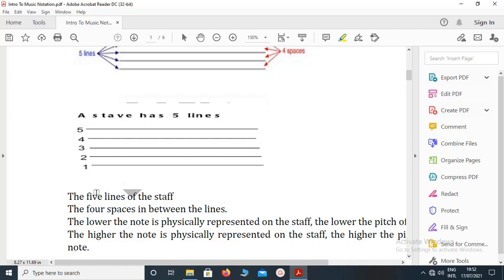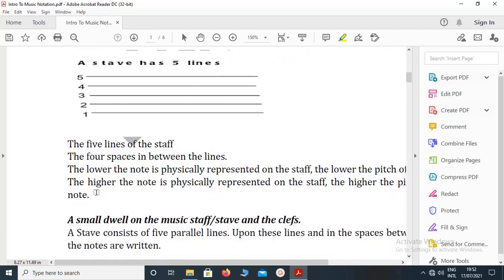So now, the five lines of the staff and the four spaces in between the lines: the lower the note, the lower the pitch. As the notes tend to be down here, their pitch will sound low compared to when it is up. So if you found a note when it is here, it is different from the way it would sound when it is here.